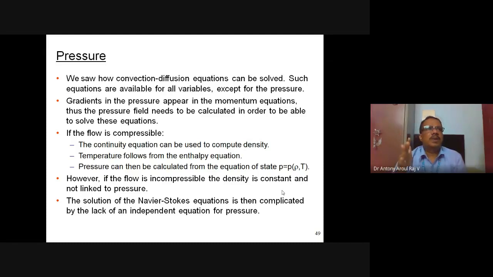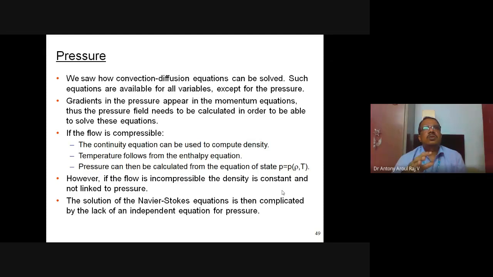At that velocity only you will have the compressibility effect, or simply saying, density variation will be visible only there. In reality, you will have problems with less than this velocity, because in air conditioning we don't think of going beyond 10 meter per second. Sound problems will be there in the duct of the equipment. So you are operating with a very low velocity, and you can assume that your flow is incompressible.